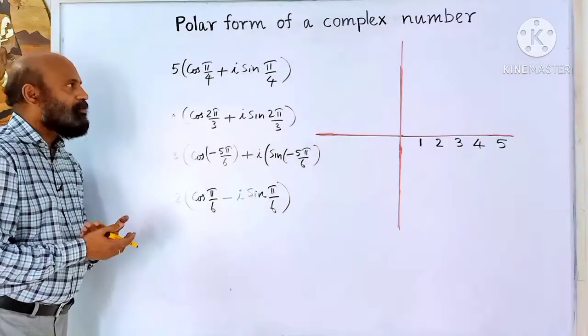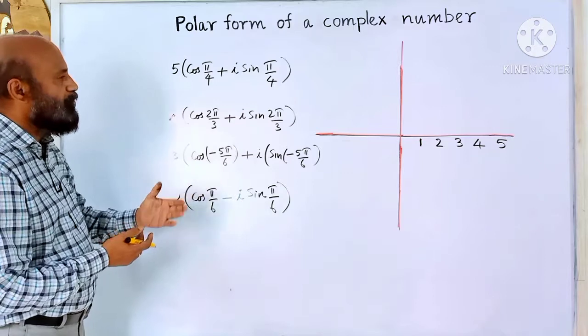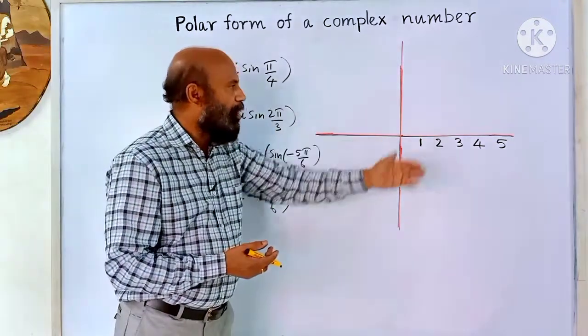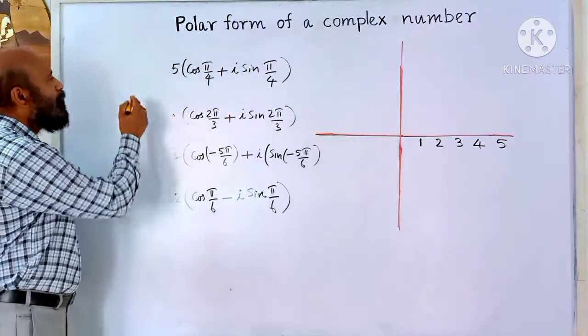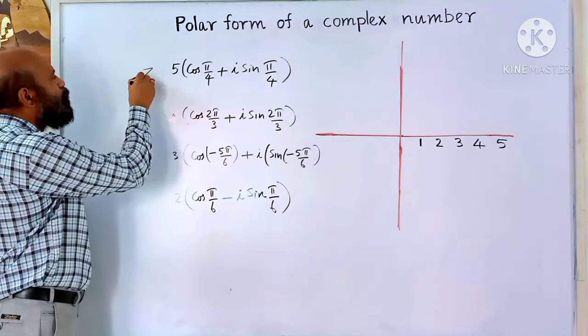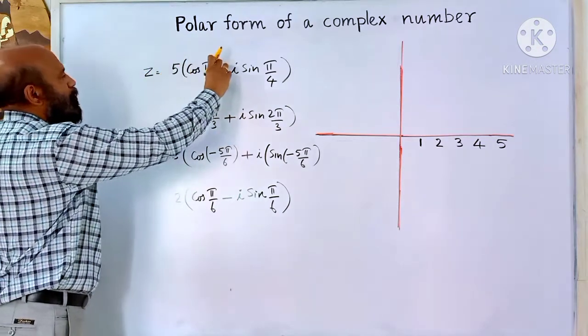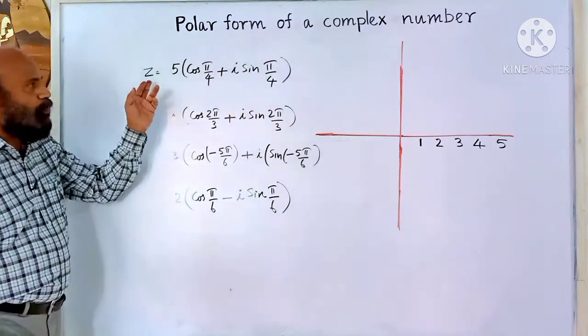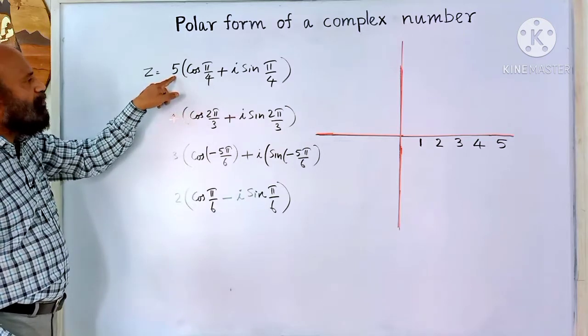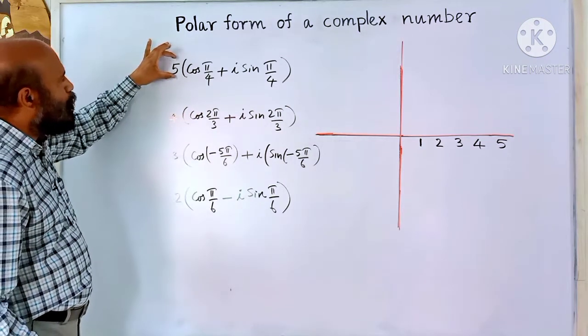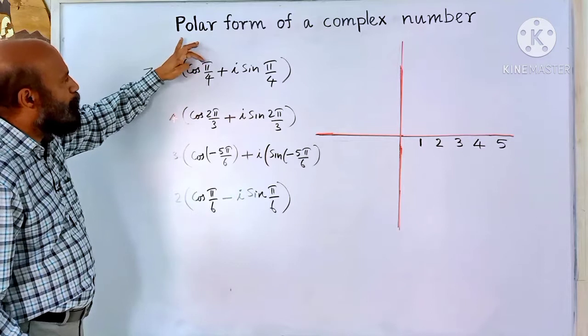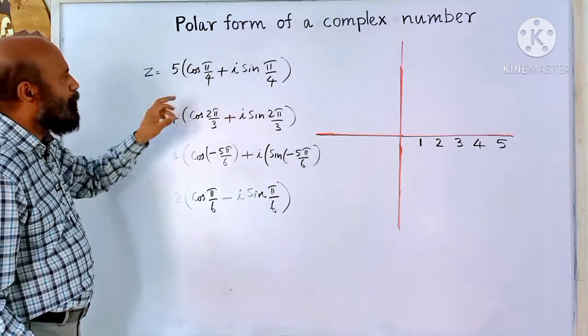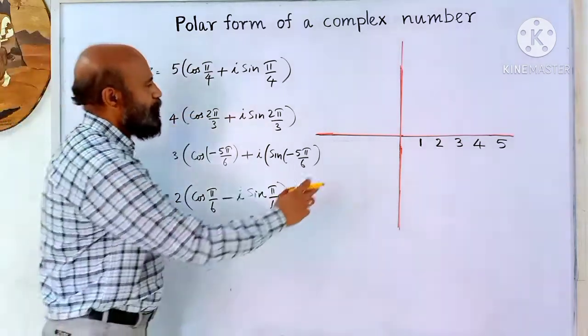Now let us plot some complex numbers on the complex plane. Now this is z is equal to r cos theta plus i sin theta in this form. So here in the place of r we have got 5. So 5 is the modulus and pi by 4 is the argument. So you can plot in this.